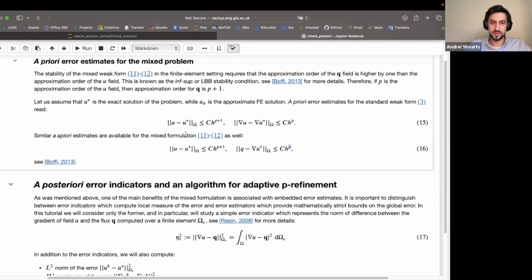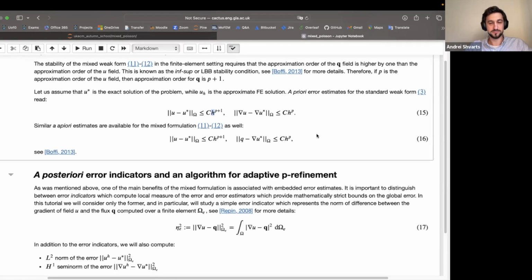By considering the global refinement with respect to the element size and with the approximation order of the fields, we can check if our finite element formulation is correct. If we get a finite element solution and we do these checks, we can see if the a priori error estimates are being fulfilled, if we are having these orders of convergence with different values of h and different values of p.